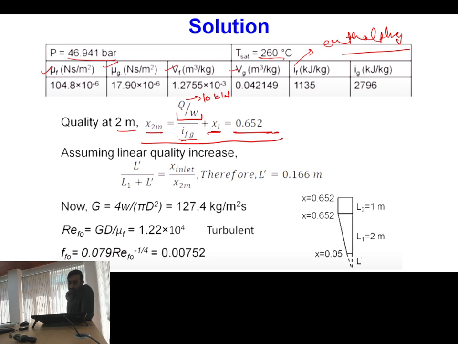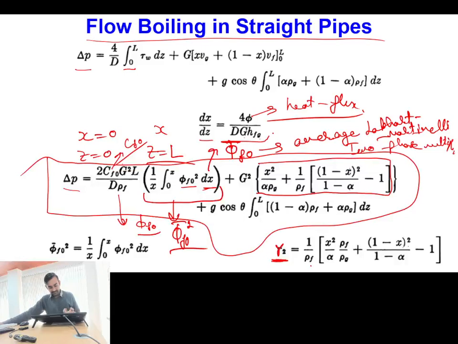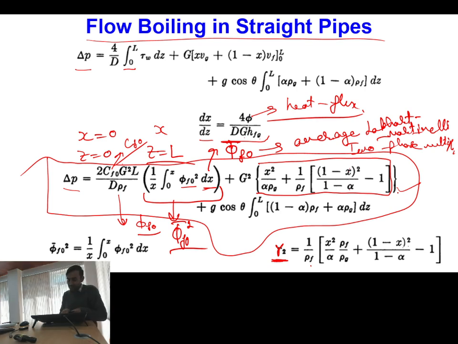Then if I have to use the pressure drop relation which I have given you over here, I have to always consider that inlet quality is 0, because in this we have integrated, and the limits of integration were from 0 to x.